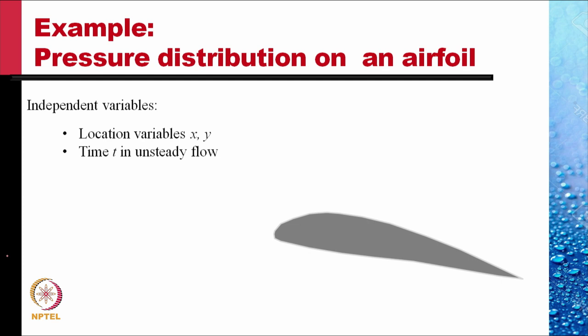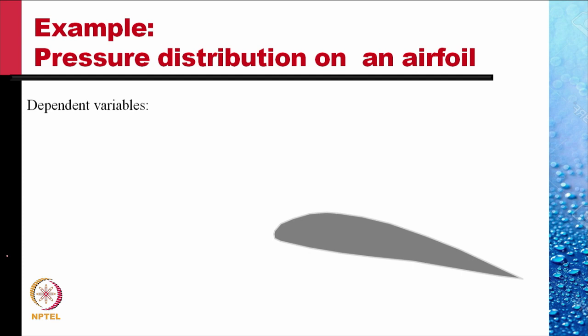If the flow is unsteady, then time also would be an independent variable. The location does not depend upon the phenomena. It does not have anything to do with the fluid that you're dealing with. So these are independent variables. They change within an experiment. Different points, different times.